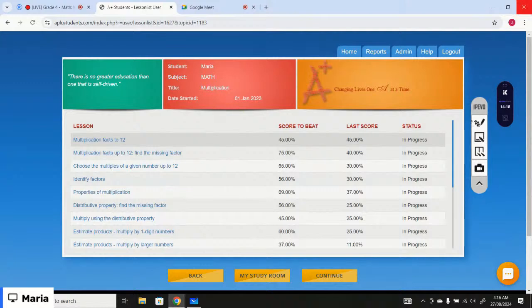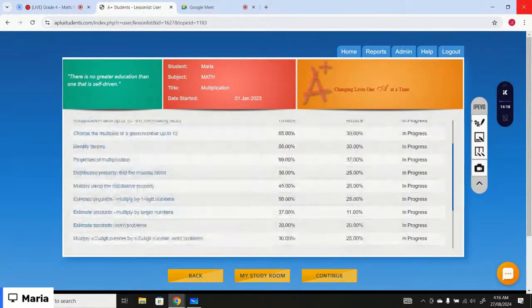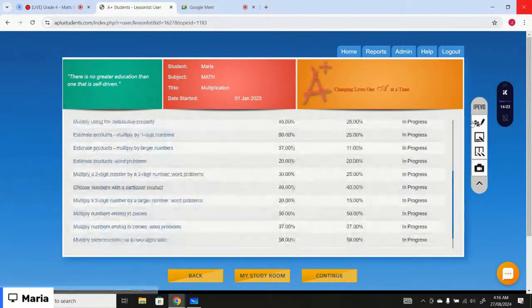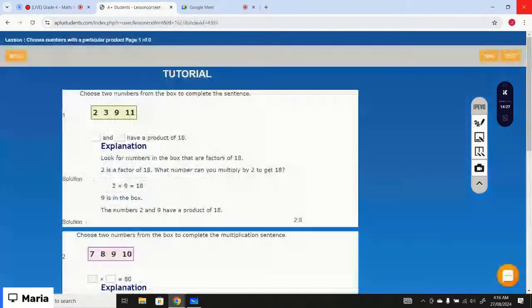Word problems you can do on your own, right? The next one is choose numbers with a particular product. So let's just start with the lesson.